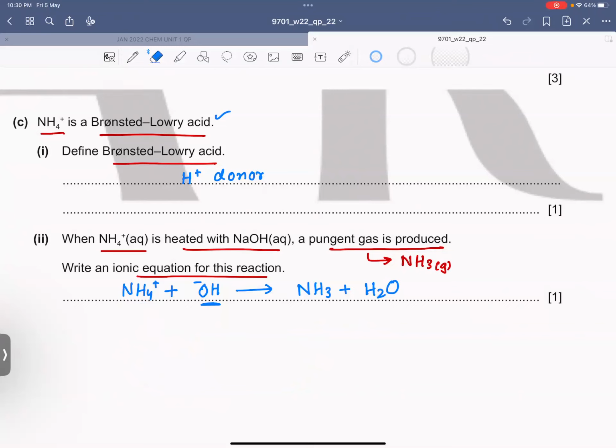Sir, why did we take OH? Because, see, what they have informed you initially over here is that ammonium ion is an acid, and acid would react with a base, right?